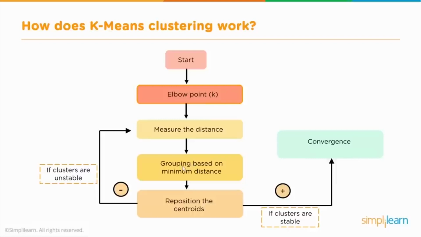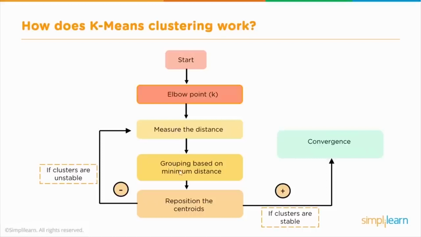The next step it does is for the new groups, for the clusters that have been formed, it calculates the mean position, thereby calculates the new centroid position. The position of the centroid moves compared to the randomly allocated one. So it's an iterative process. Once again, the distance of each point is measured from this new centroid point.